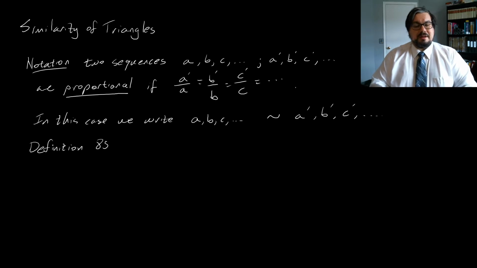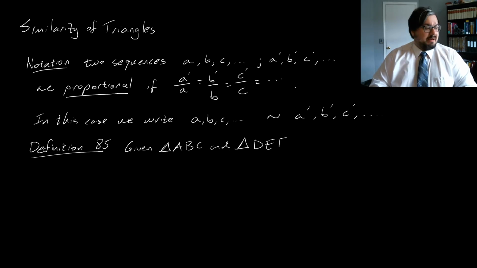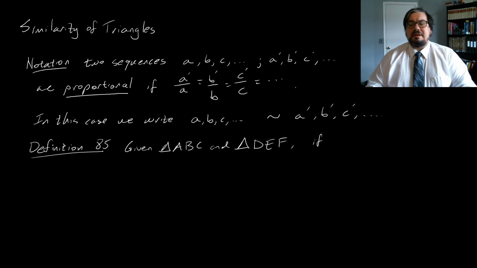So definition 85 says, given triangles ABC and DEF, if 6 conditions are true, then we're going to say that these two triangles are similar. Or, sorry, really they're 4 conditions.